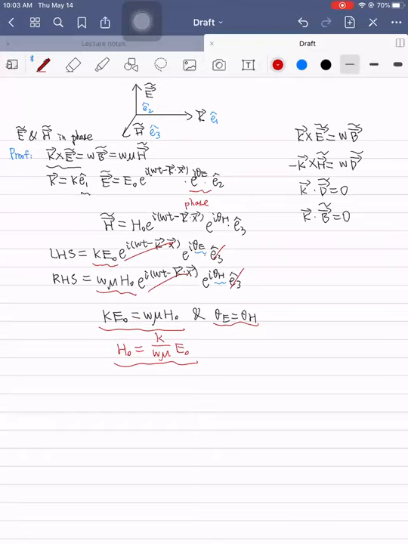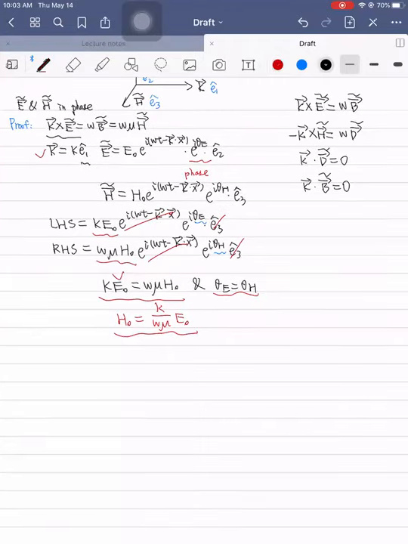So if you know E and you know K, you will know H. So K, E, H are coupled quantities. If you know two of these three quantities, you will know the other.